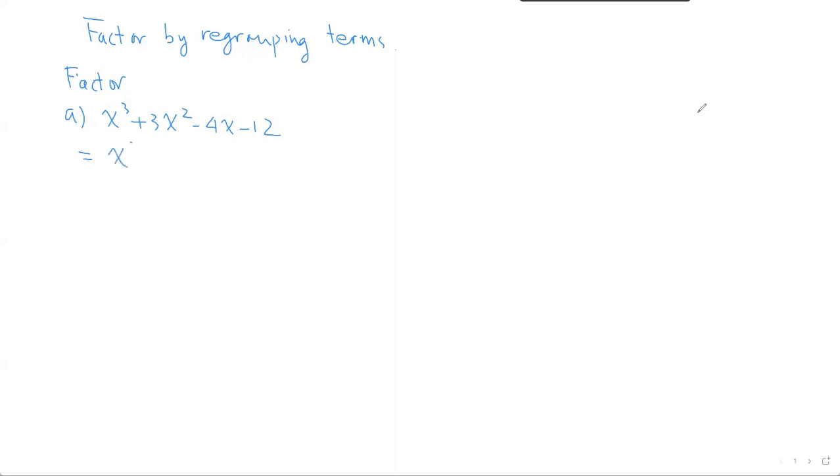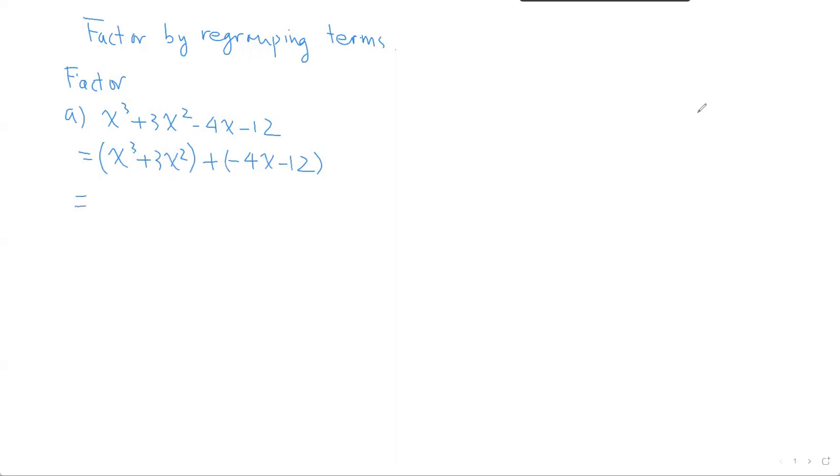Let's say we group the first two terms, and then we group the last two terms. Okay, in the first one, you have x to the third plus 3x squared.